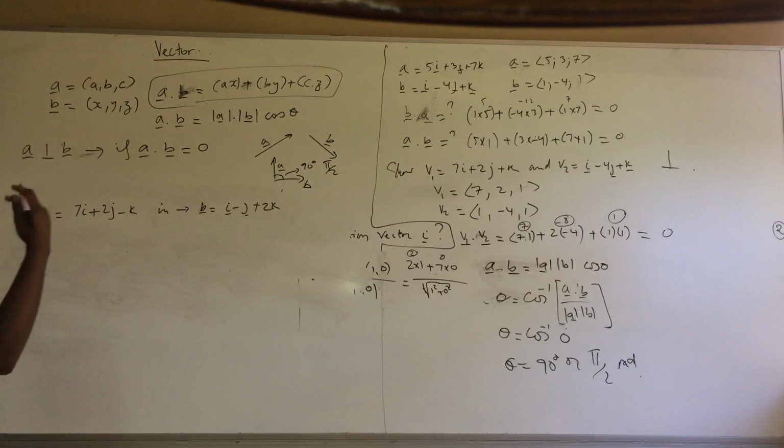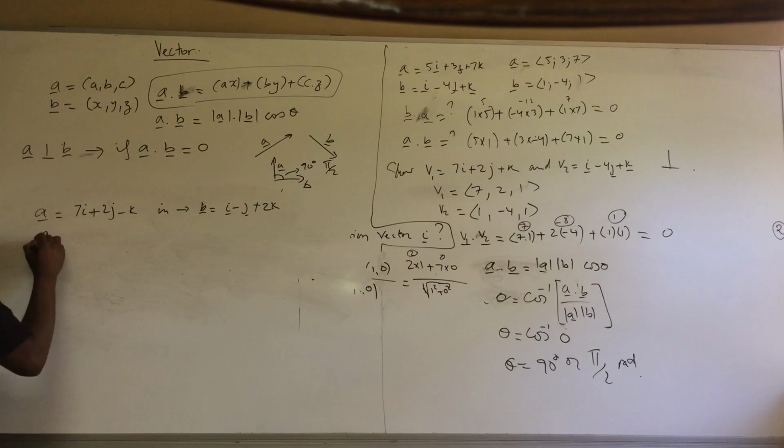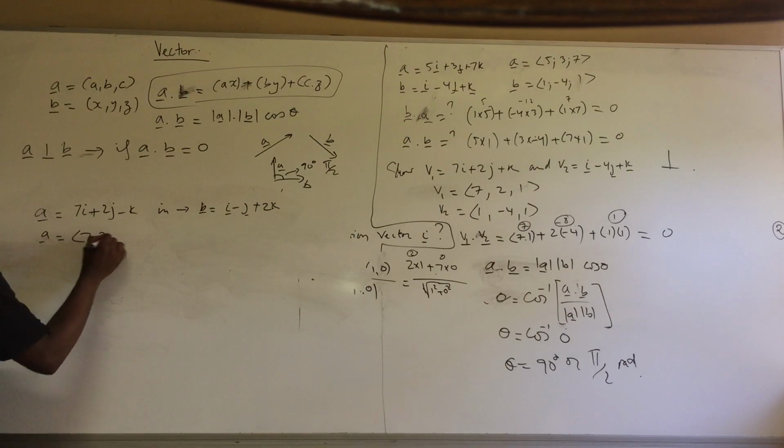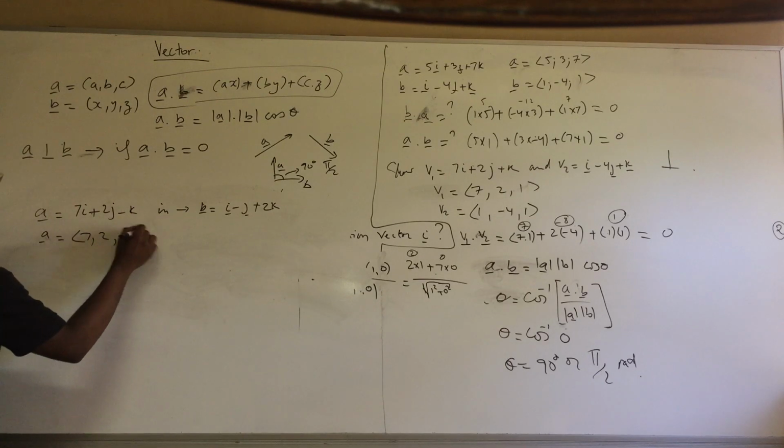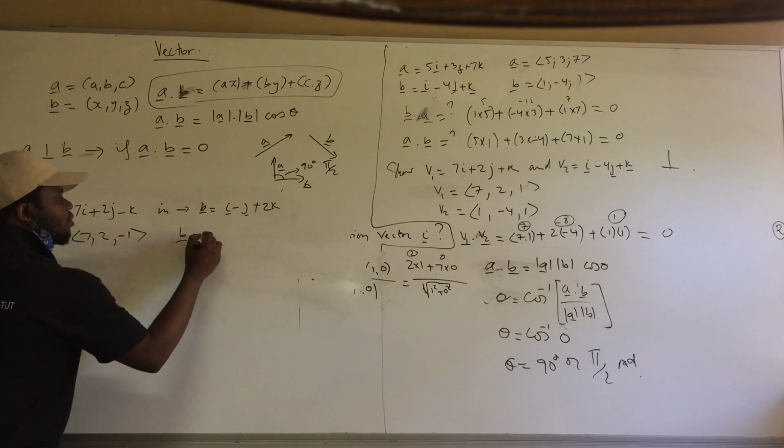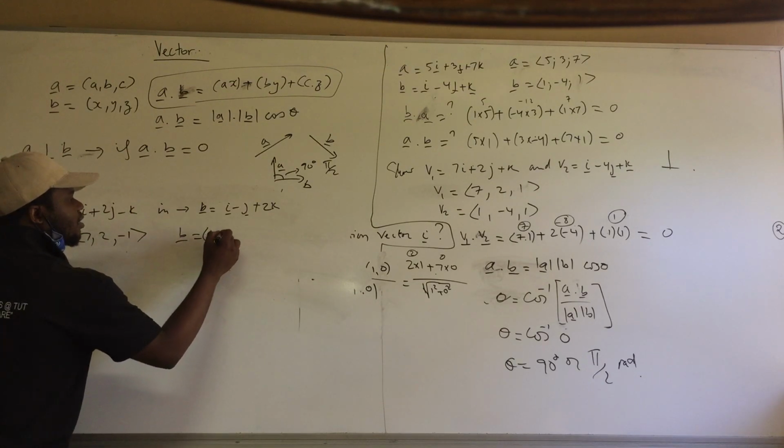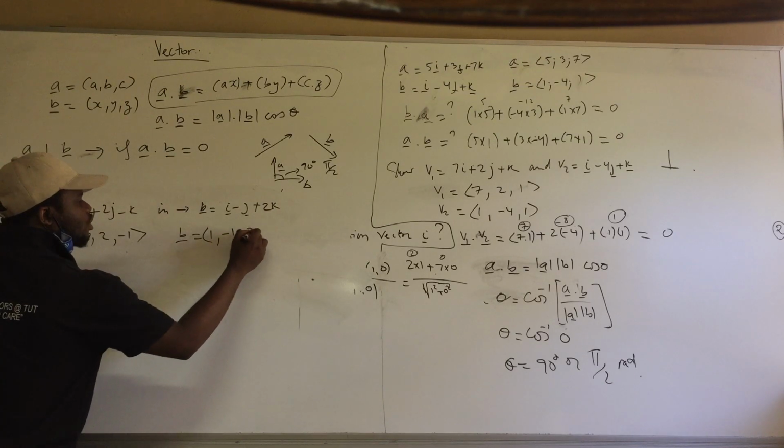I like to write it in this format: A is 7, 2, minus 1, and B is equal to 1, minus 1, and then 2.